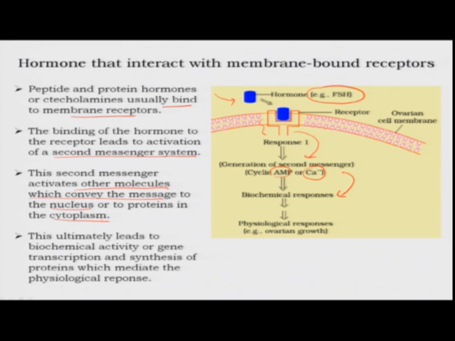These lead to several biochemical responses within the cytoplasm, or sometimes to entry of certain proteins into the nucleus, resulting in transcription and synthesis of proteins, which will then mediate the physiological response of this hormone. So, the message from the outside of the cell has now been communicated all the way to the genes present within the nucleus.